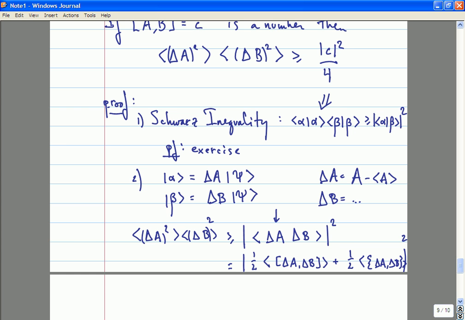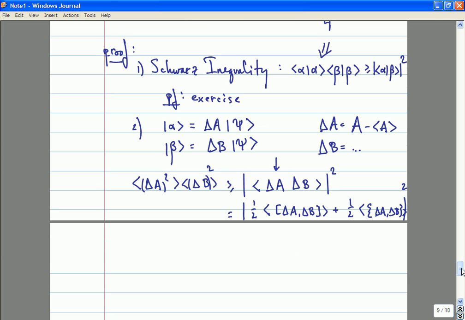And in particular, it's easy enough to check that for Hermitian operators, this guy is going to be imaginary. And this guy is going to be real.